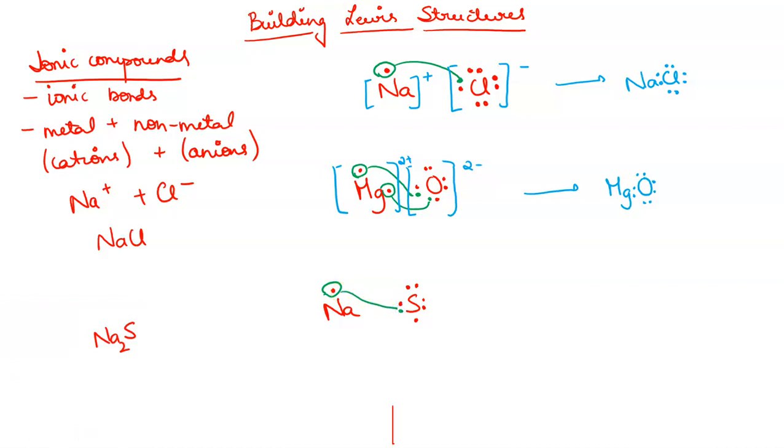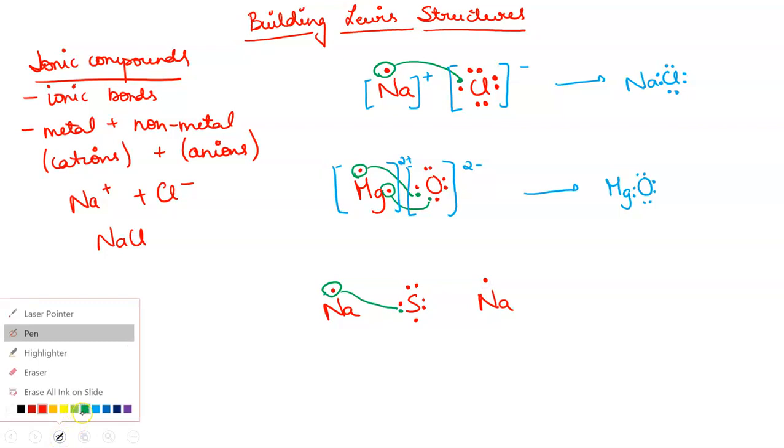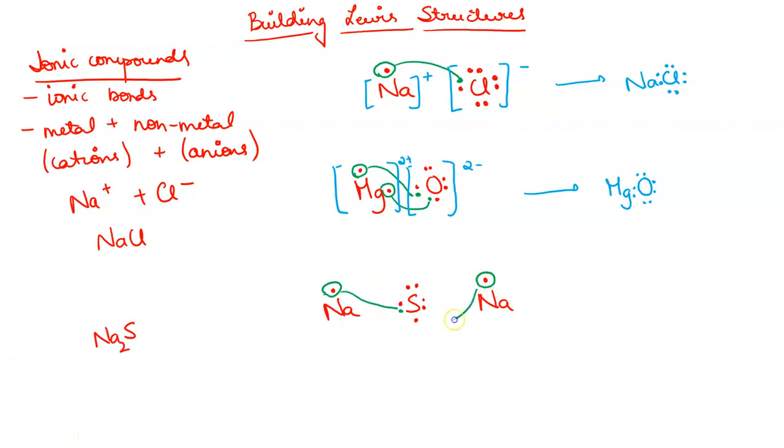But we know sulfur has a 2- charge, right? And we know from the formula that there should be 2 sodiums. Well, we can draw another sodium with another valence electron, and that sodium can give up its electron to sulfur. So each of the sodiums now ends up with a +1 charge, and the sulfur gained 2 electrons from 2 different sodiums. It has a 2- charge. And this gives us Na2S.